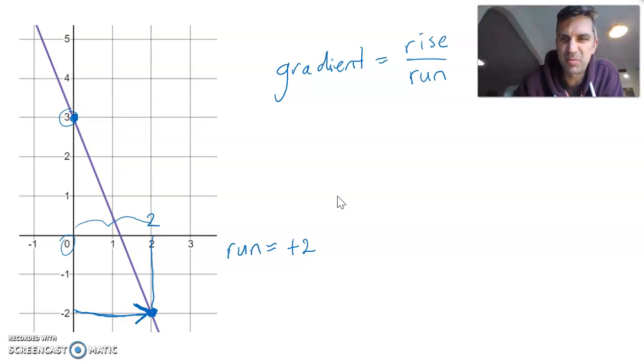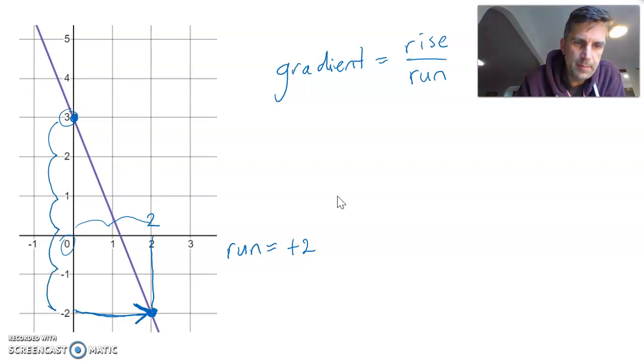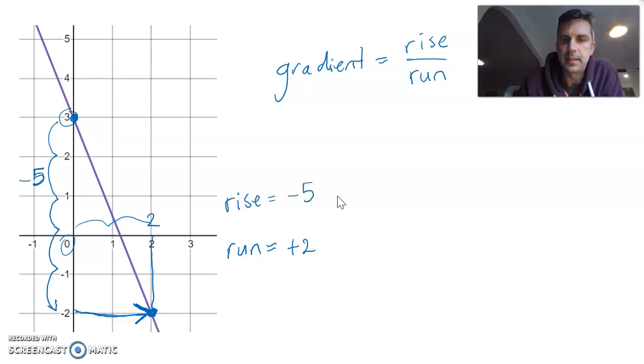So we always go left to right, so the run should always be positive. Now let's look at the rise. Well, if we go from left to right, we've actually gone down. So 1, 2, 3, 4, 5 units down. So that's like subtracting 5 on the y-axis. That means that our rise is -5.